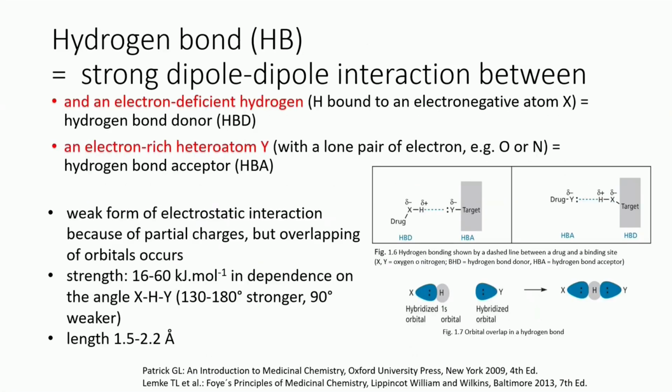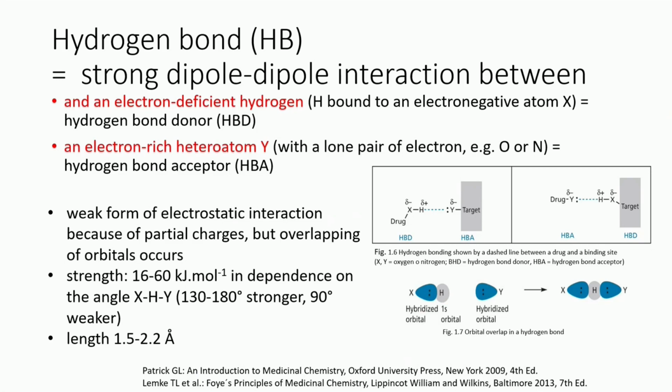Another type of non-covalent bond is the hydrogen bond, which is very important for drug action. We can define it as a dipole-dipole interaction between an electron-deficient hydrogen that is bound typically to oxygen or nitrogen, generally any electronegative atom.